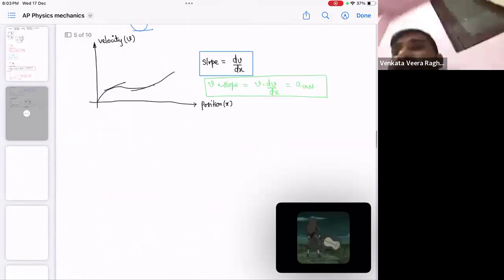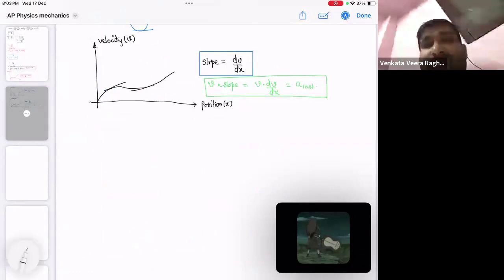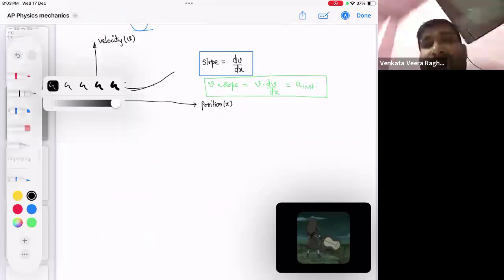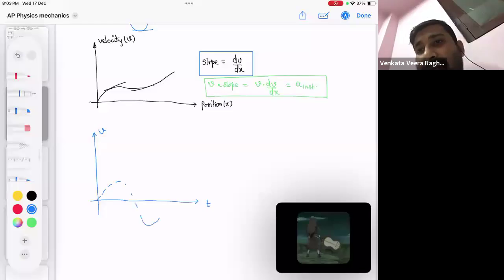If I give you a graph of velocity versus time, tell me what the area represents. There is a graph given like this.